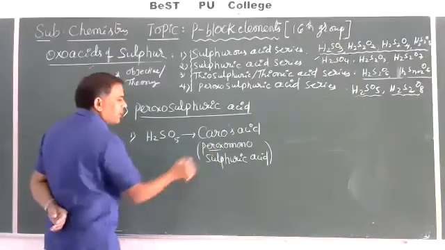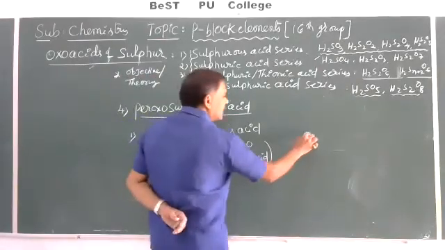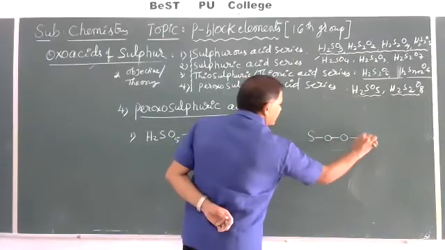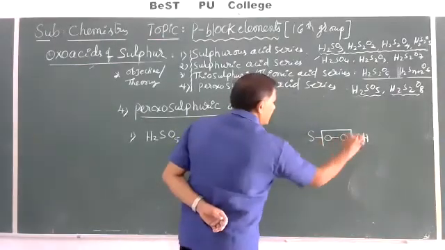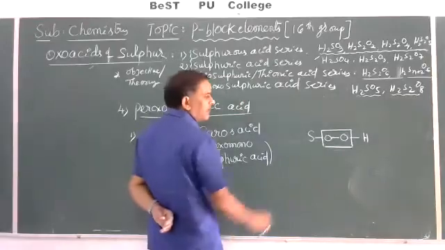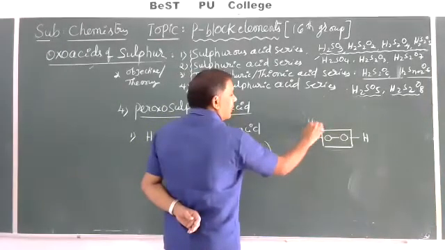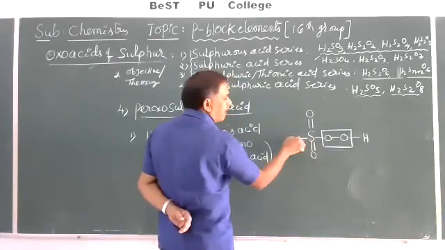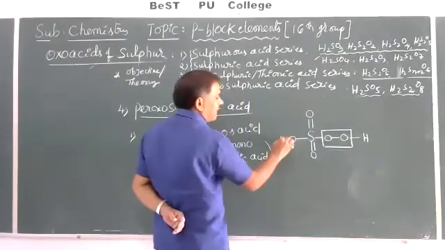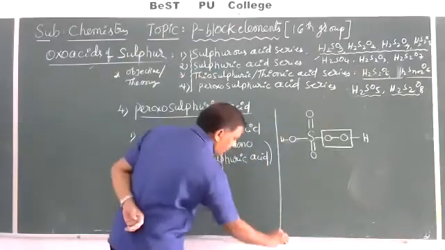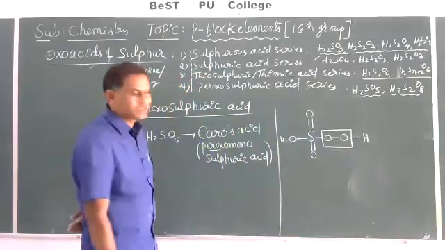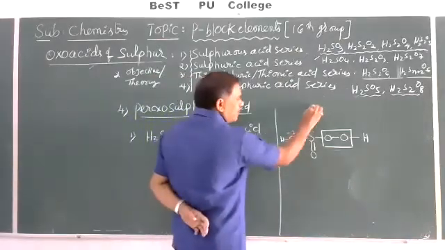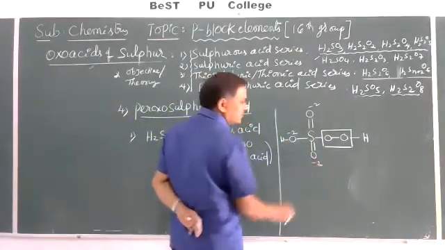There is a peroxo linkage, that is here sulfur, oxygen and oxygen. There is a peroxy linkage, that is O–O, and oxygen connected with a double bond to the sulfur, like this is H. This is the structure of Caro's acid. So here this oxygen is minus 2 and here minus 2.